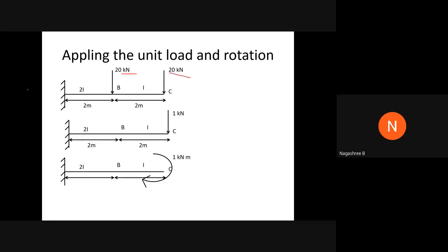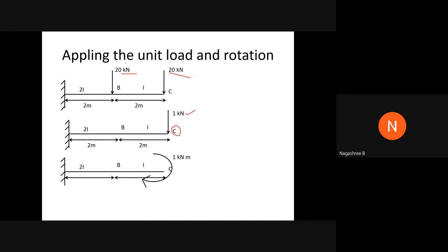In order to find out the deflection, in place of point C, we are supposed to put a load of magnitude equal to 1 kilonewton. We need to assume a virtual or imaginary beam in order to determine the deflection.